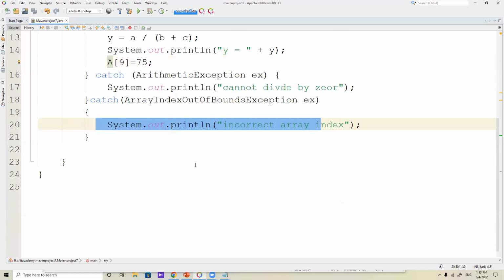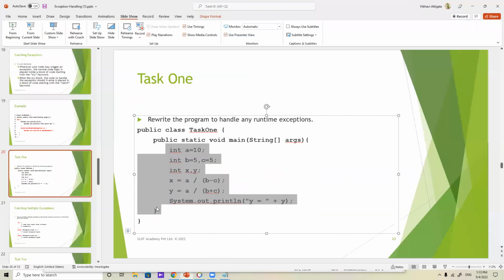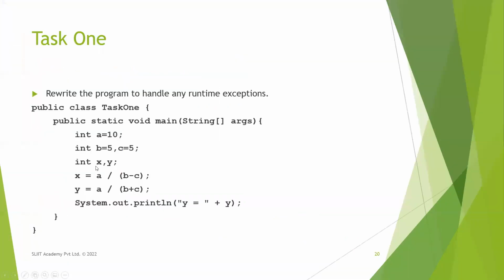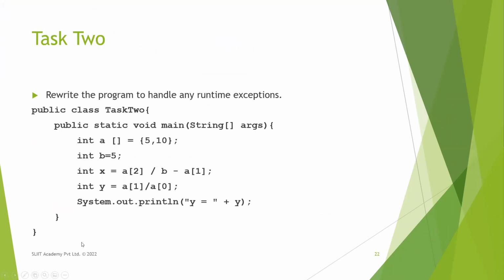So one try, multiple catch blocks. You can put multiple catches like a switch case statement: one try, another catch. Likewise, multiple catching exceptions for the program.